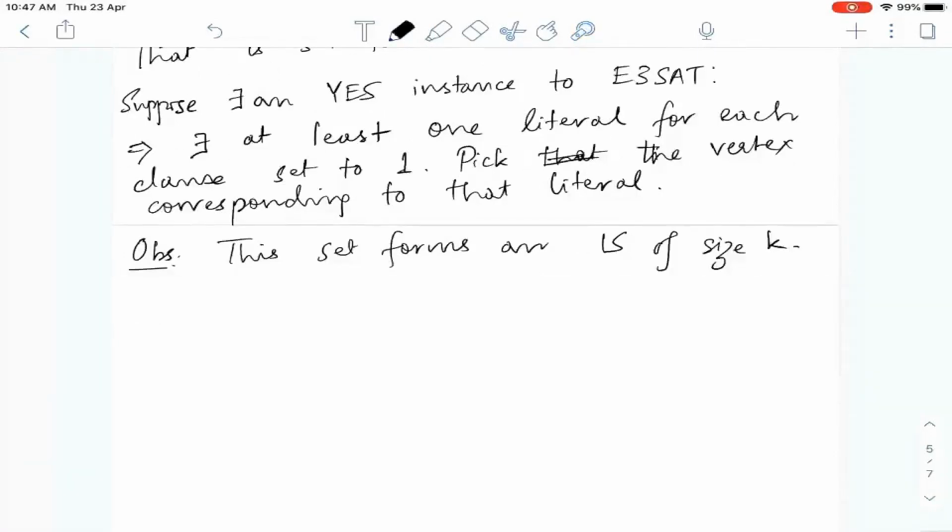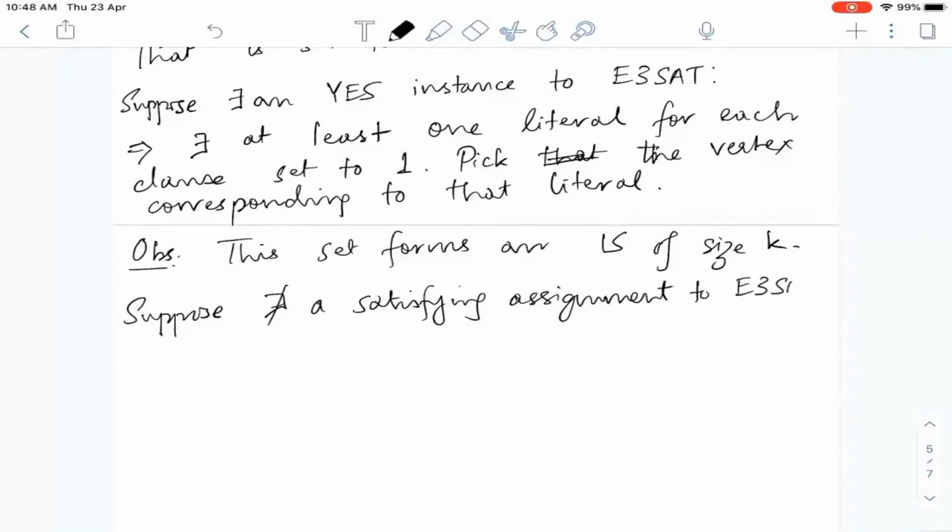Good, but this is not yet done, right? So this is only one direction. This shows that if I have a yes instance to E3 SAT, then I will have a yes instance for the independent set problem. Now let's prove the converse. Suppose there does not exist a satisfying assignment to E3 SAT.